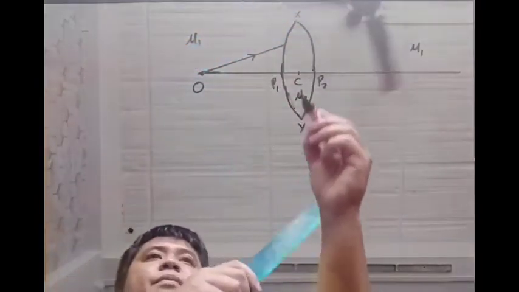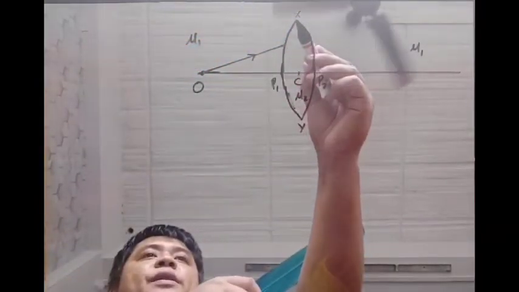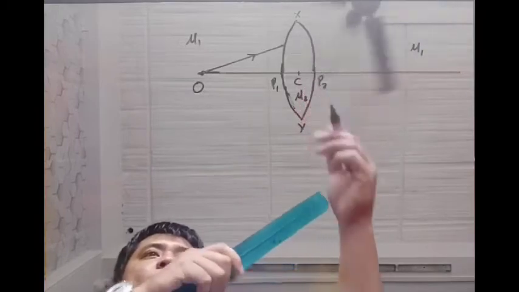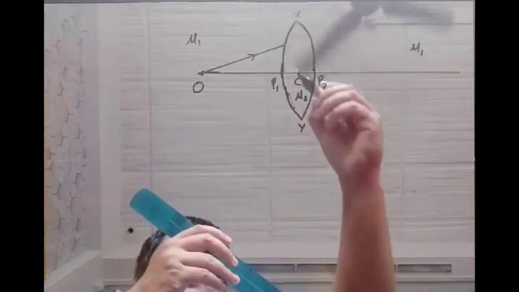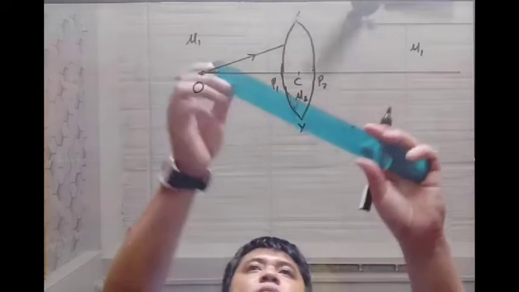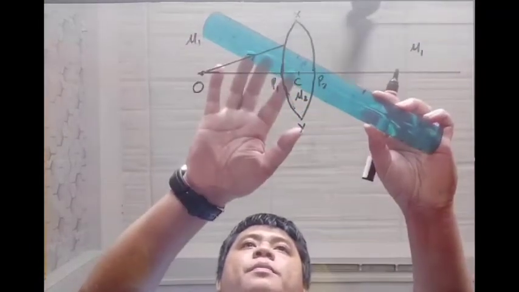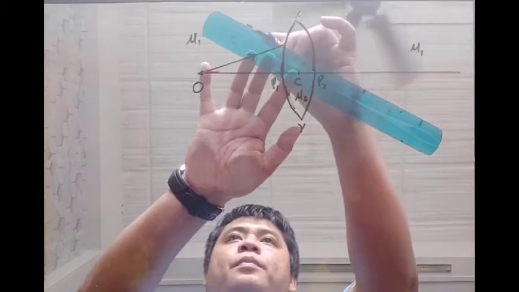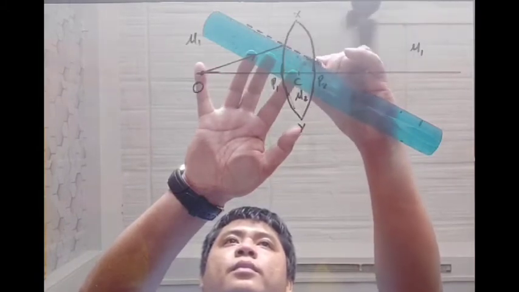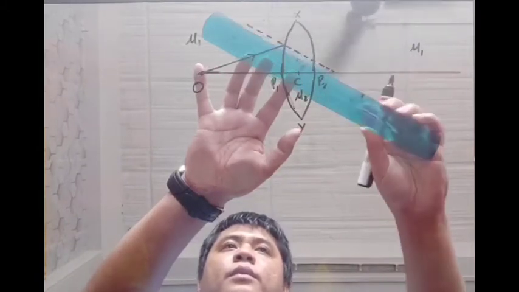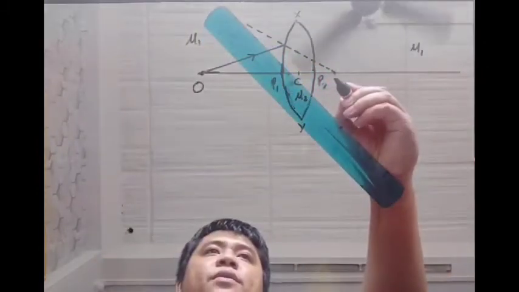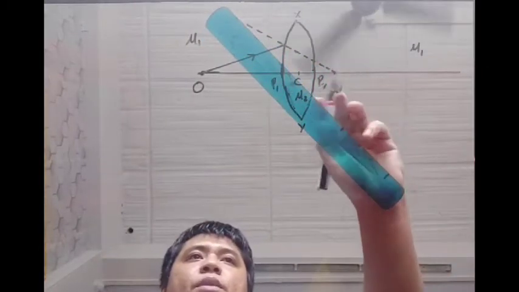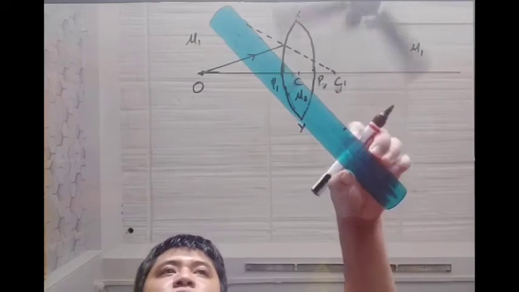It suffers refraction at this surface XP1Y. Then there will be a normal at this point. Let it be the normal. This is the center of curvature for P1, so it will be C1.